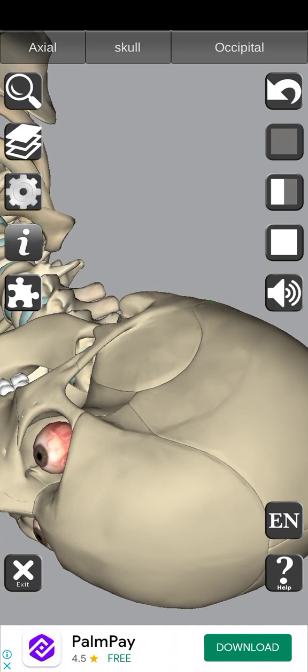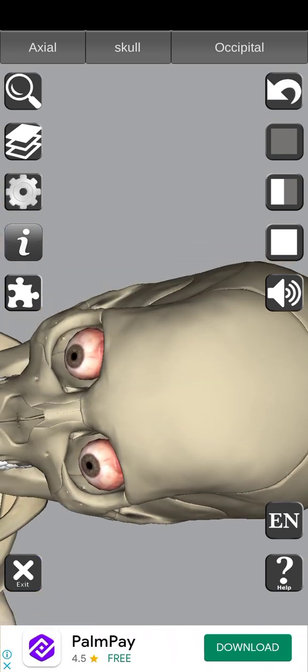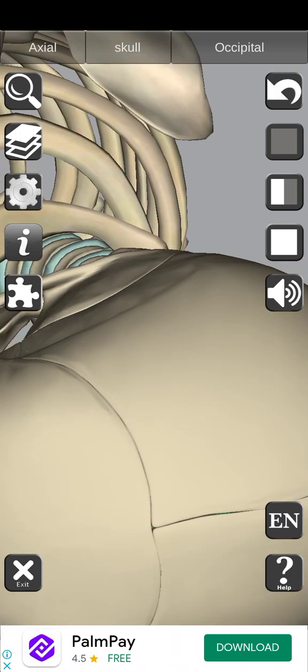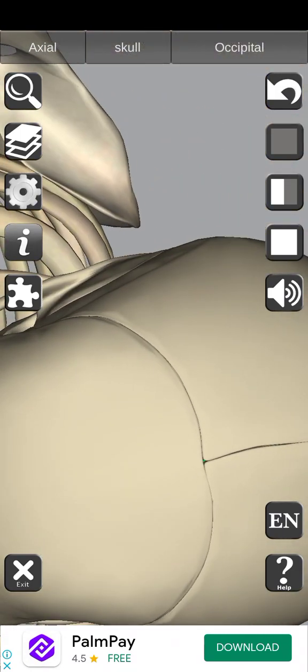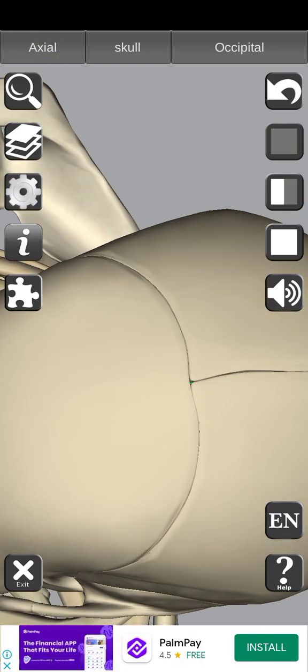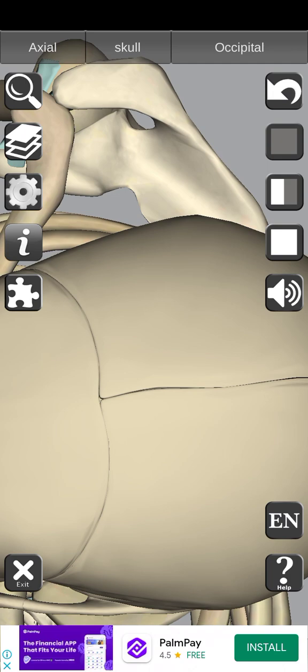Now let's talk about the landmarks. From this point, this coronal line here is demarcating the frontal bone from the parietal bone.